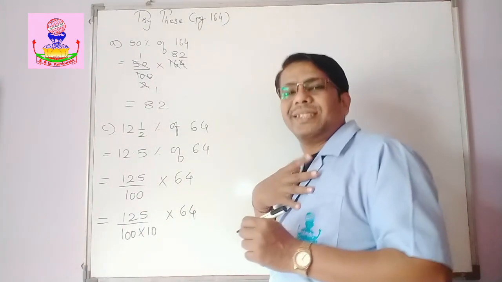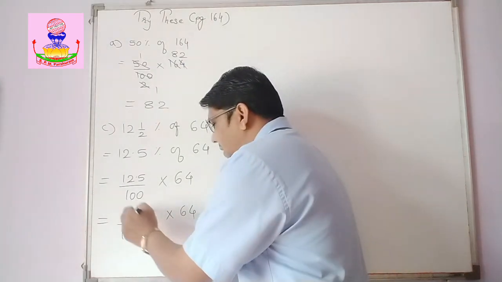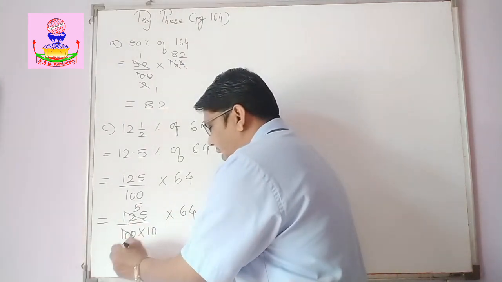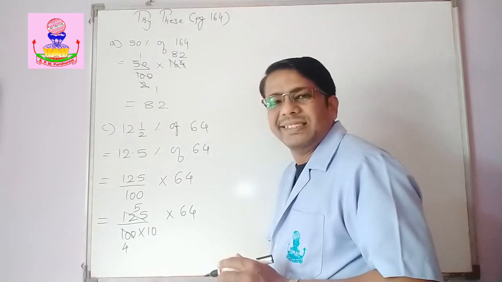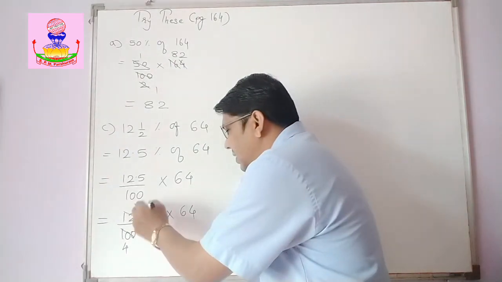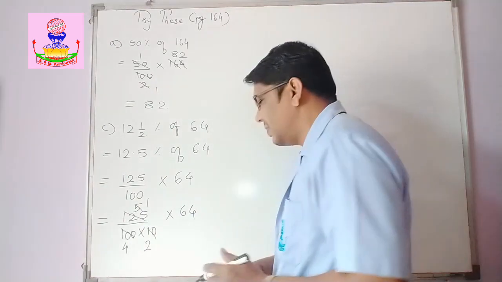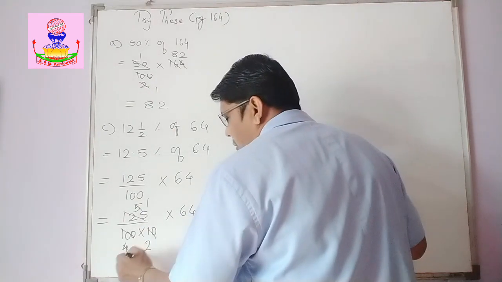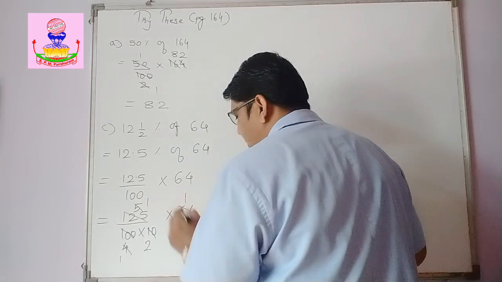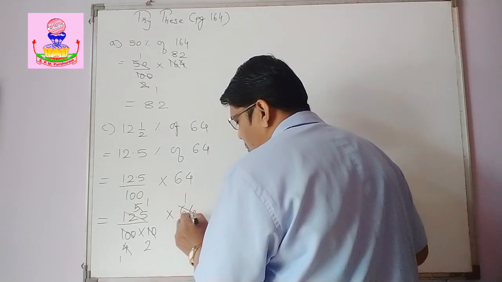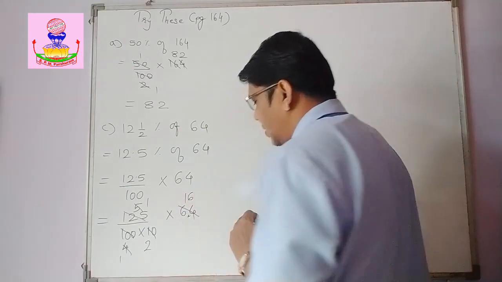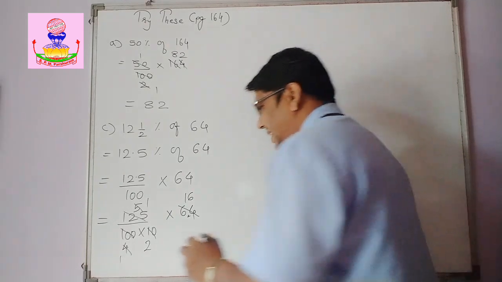Now I know the tables. 25 5s are 125, 25 4s are 100. 5 1s are 5, 5 2s are 10. Now 4 1s are 4, 4 1s are 4, remainder 2, 4 6s are 24, right?